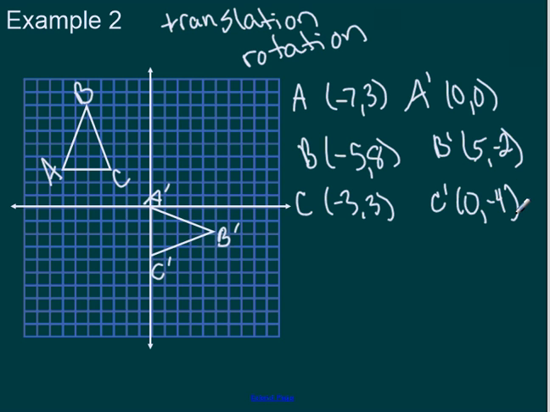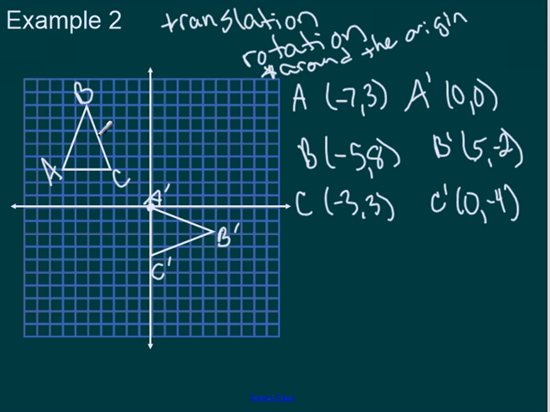All right, so here's what I would do when I was approaching this problem. I would say to myself, you know, this A right here is in a really nice position. It's right at the origin. And since I know I'm doing a rotation, and my rotation is around the origin, remember that from yesterday? So when I do my rotation, I do it around the origin.